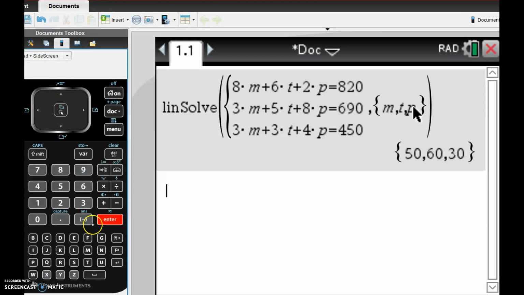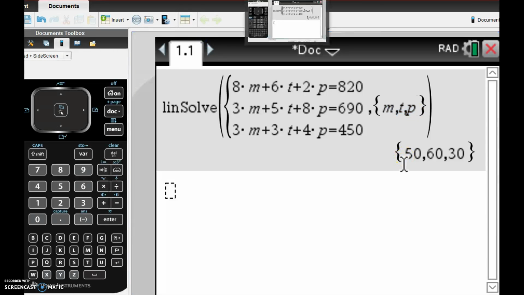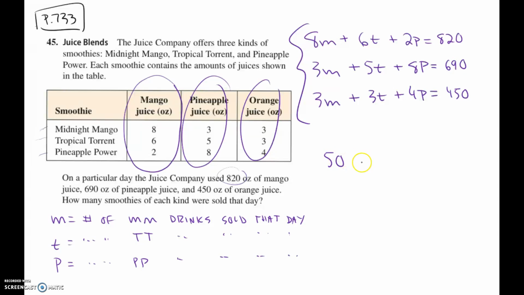We'll see. Enter. All right, so it's going to put this in the same order I got here. The calculator doesn't do alphabetical order like I said you guys need to do. It's going to put it in the same order that you see right here. So the first one's M, so you sold 50. The answer is 50 Midnight Mango drinks.